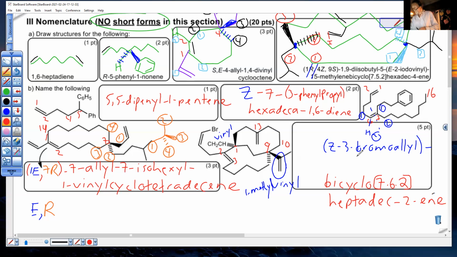Okay. So we got one of the groups. We got the bicyclo part. We got the 2 vinyl groups to name now. Methyl vinyl starts with an M. It goes next, and it's on carbon. Oh, don't forget methylene. Methylene was next. 13 methylene. 13 has methylene.